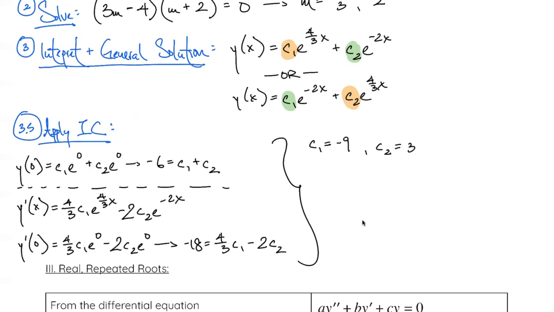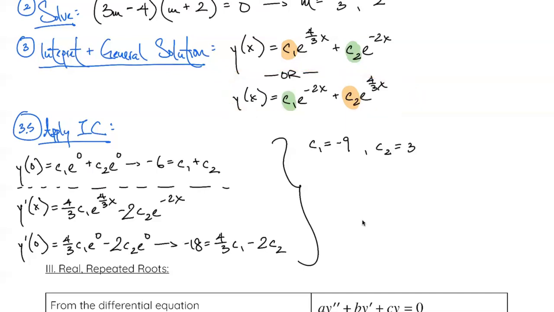Yeah, okay, we've got one confirmation. That is good, right? Now, if you had chosen the other way of writing the general solution, then you would have just swapped your C1 and your C2, okay?